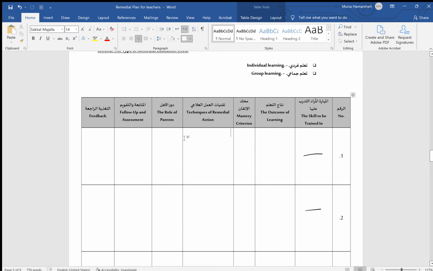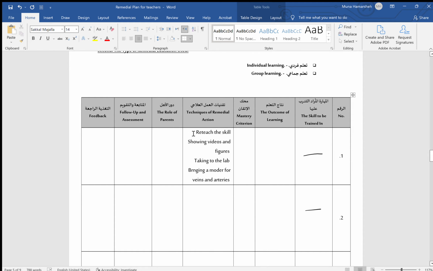You will explain, for example, here: reteach the skill, showing videos and figures, taking them to the lab, bringing a real specimen or a model of veins and arteries.